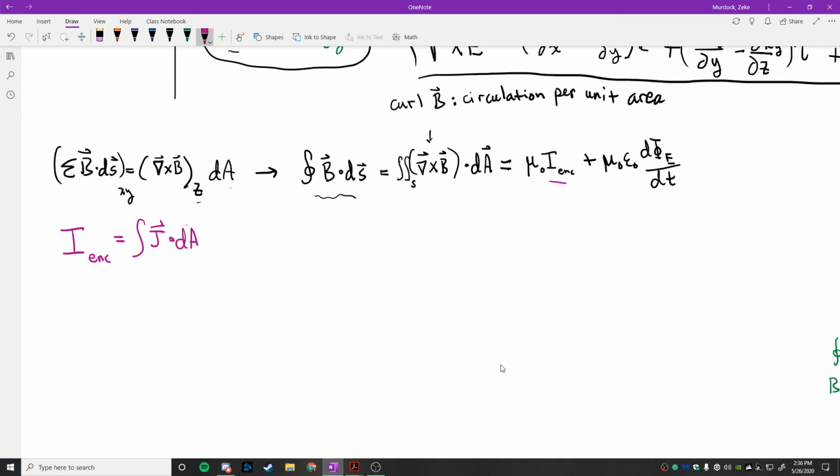If I take current density, I'm just going to remind you guys that J is a vector that represents basically the current divided by the area, and we call it current density, okay? We don't use it very much, but it's basically current divided by area. It's a vector, too, and it points perpendicular to the surface.